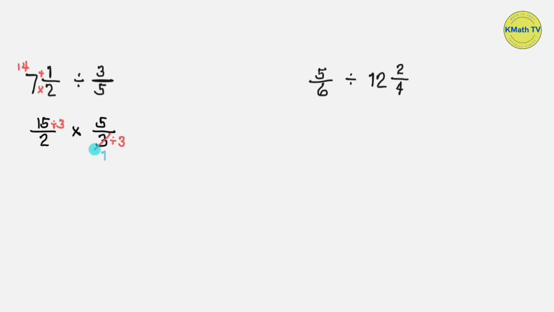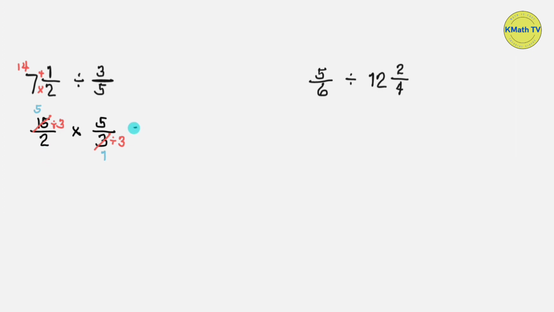Then, cancel 3. 15 divided by 3 equals 5. And cancel 15. Okay, the numerator 5 and the denominator 2 cannot be cancelled because they don't have GCF.